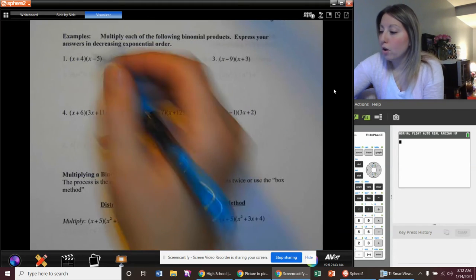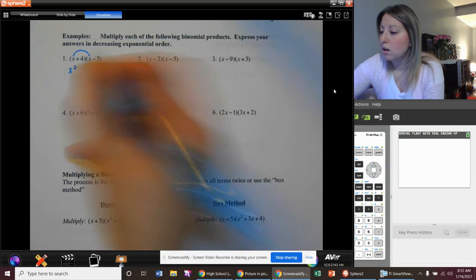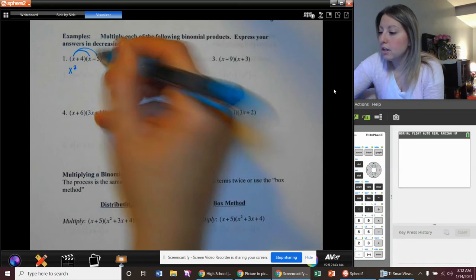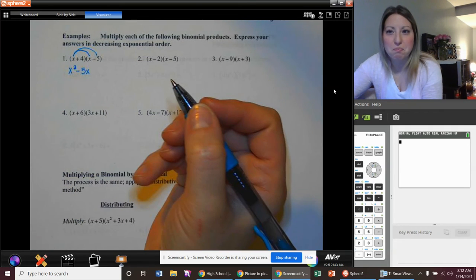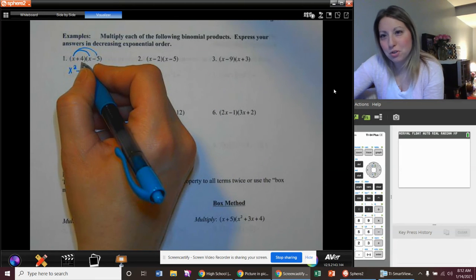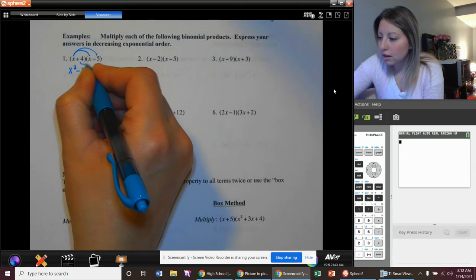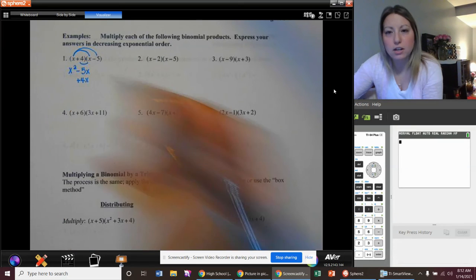Let's start with our firsts. X times x is x squared. X times negative 5 is negative 5x. I'm going to do something different this time now that I don't have those lines that I have to fill in. And when I distribute the 4 times x gives me a positive 4x, but I'm actually going to line it up right under the negative 5x.